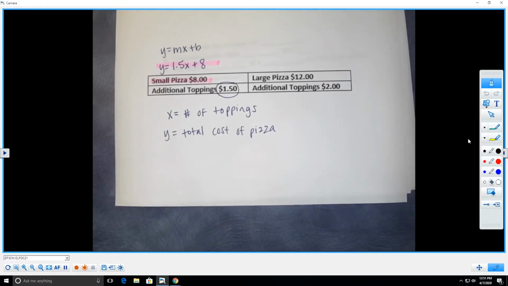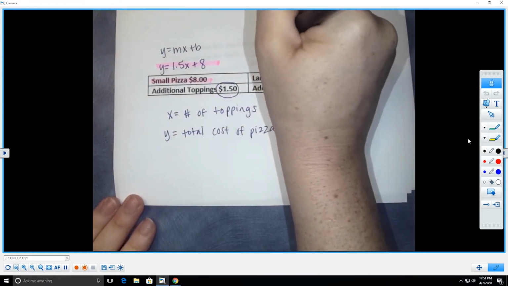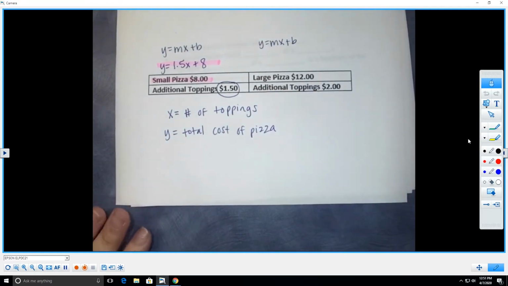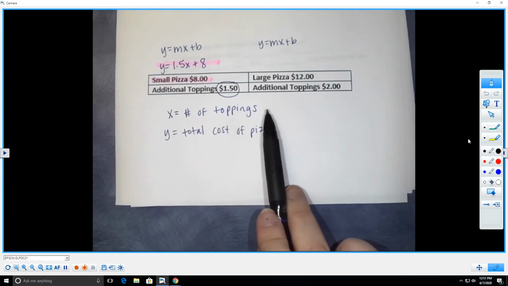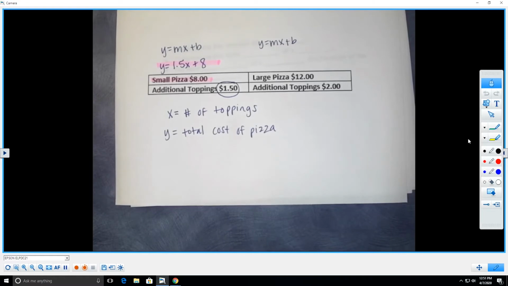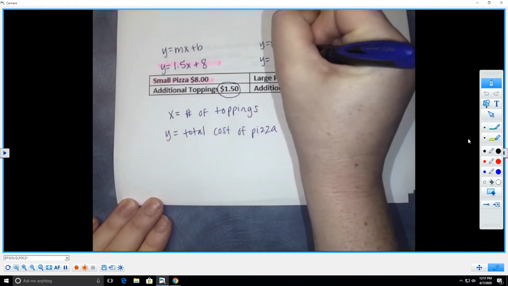Okay, now let's see if we can use this same logic and write ourselves an equation for a large pizza. Okay, so remember, it says that x is the number of toppings. How much do the toppings cost for a large pizza? Correct, they cost $2, so that's going to be my rate.